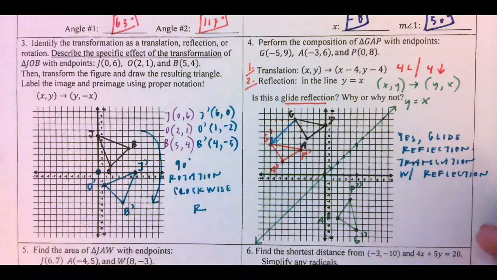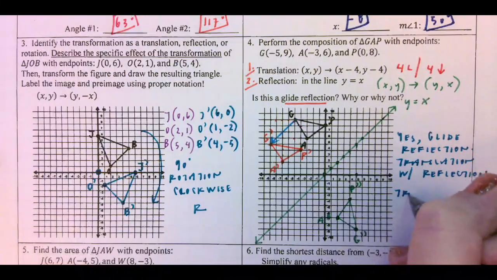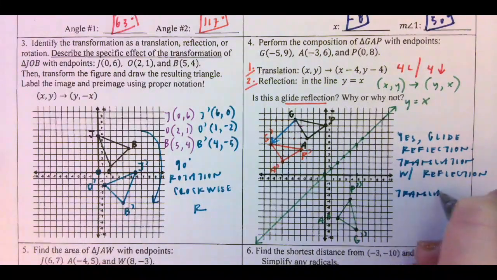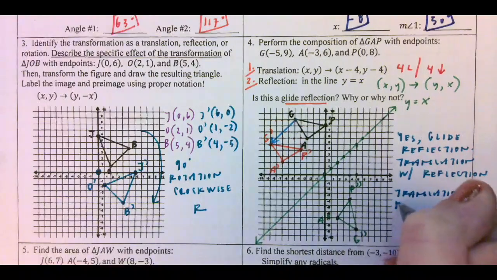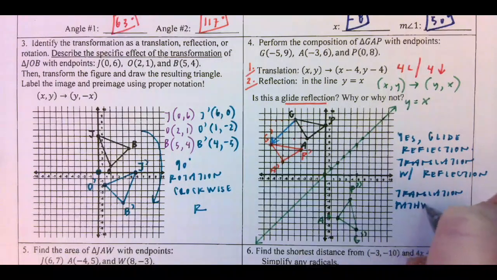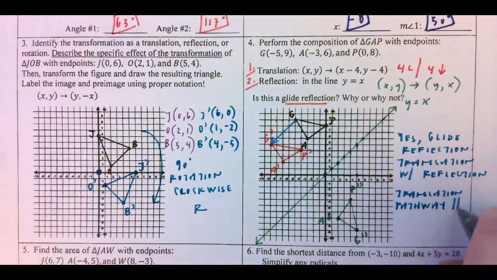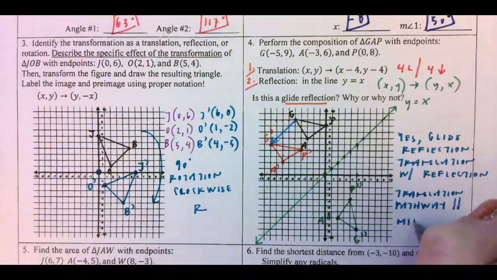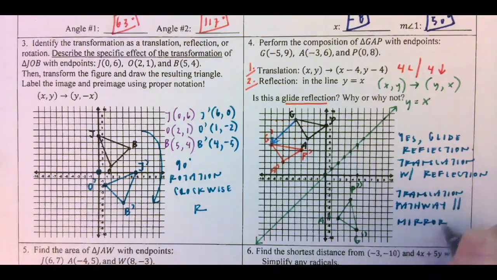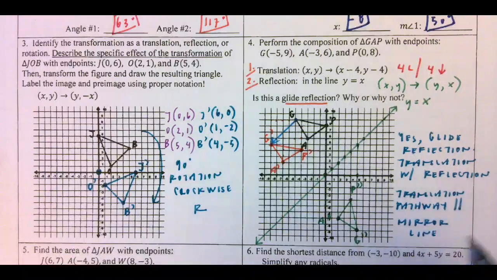Okay, and that vector or that translation pathway is parallel to the mirror line, right? They had the same slope, they ran parallel.